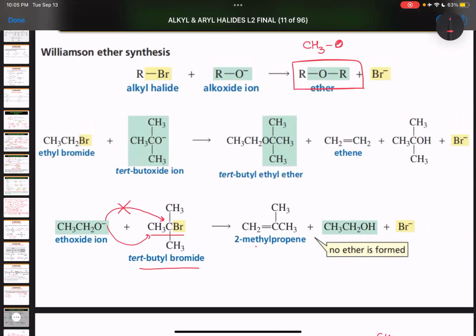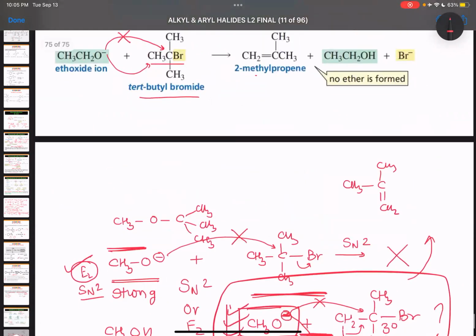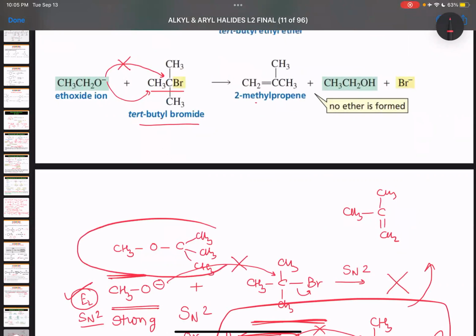Yes, sir. So suppose you want to make this ether, what set of alkyl halide and alkoxide will you choose? So the alkoxide would be CH3O minus, and the alkyl halide will be tert-butyl bromide, to make the ether.